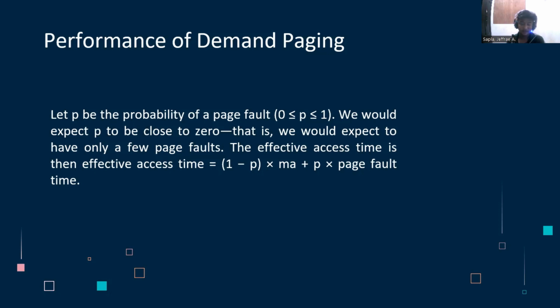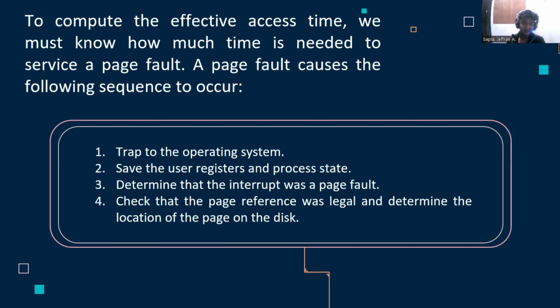page fault time. To compute the effective access time, we must know how much time is needed to service a page fault. So a page fault causes the following sequence to occur. First, trap the operating system. Second, save the user registers and process state. Determine that the interrupt was a page fault.